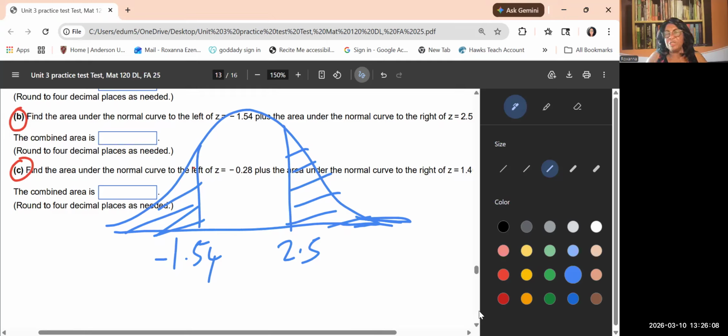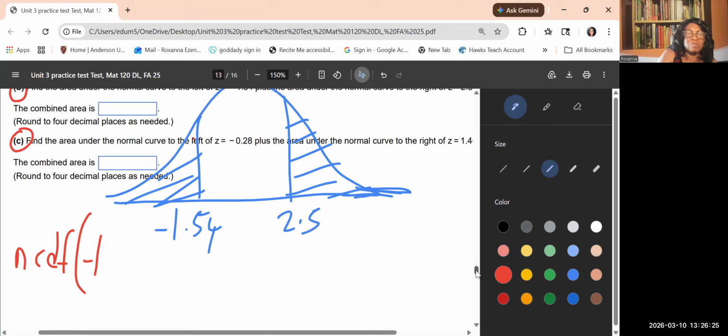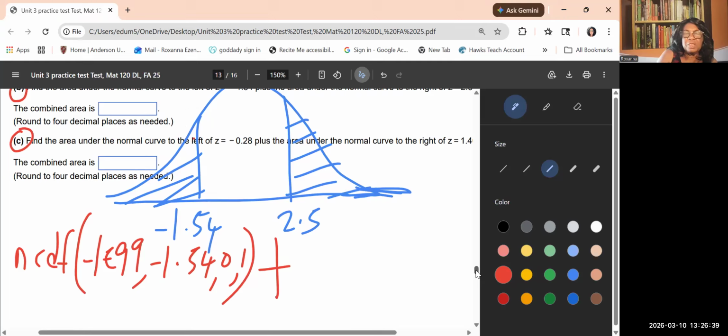So what am I going to do? I will find the left-hand side using normal cumulative density function. The lower bound is negative infinity, -1e99. The upper bound is -1.54, the mean is 0, standard deviation is 1, and I will add it to another normal cumulative density function.